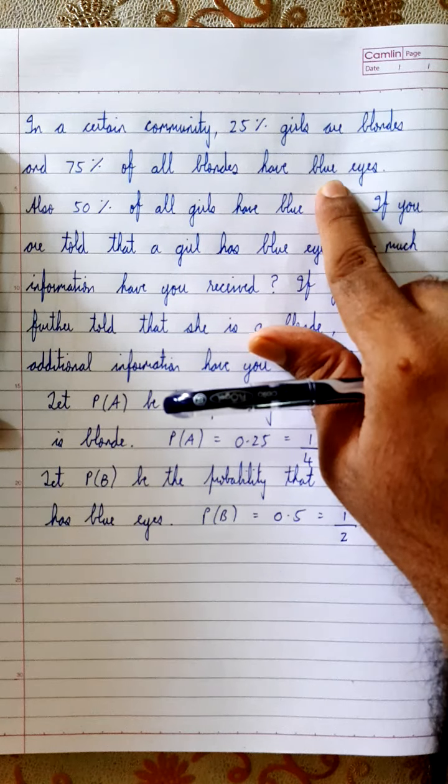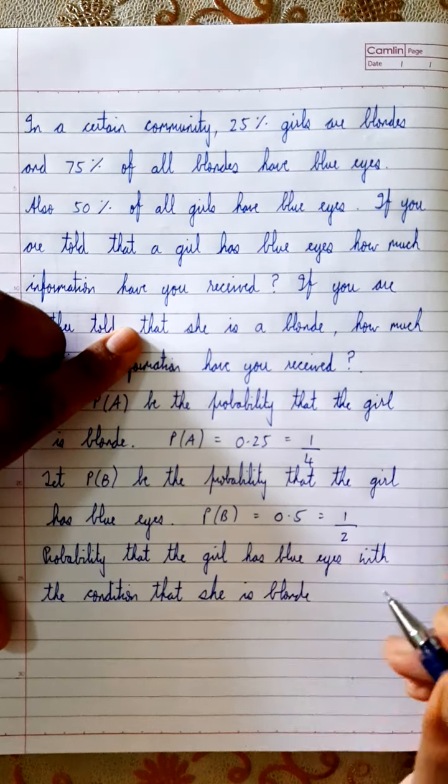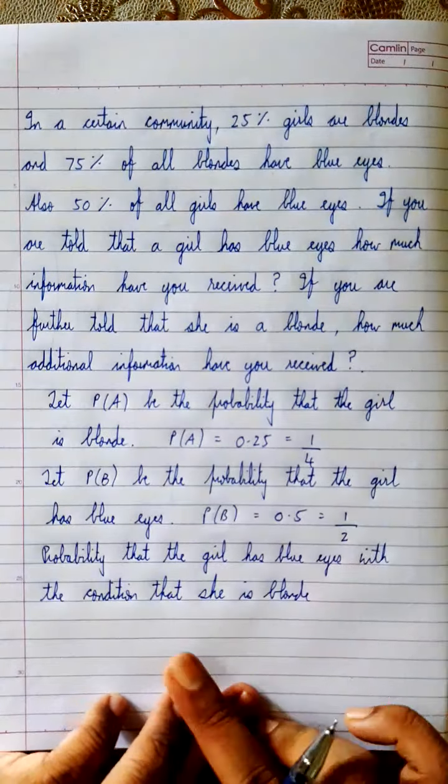Or in other words, what they're asking is, let me write that over here: probability that the girl has blue eyes with the condition that she is blonde.